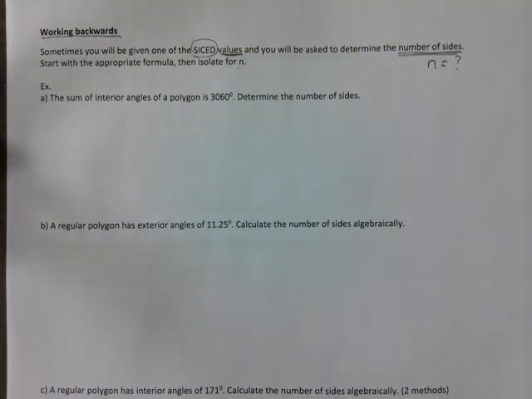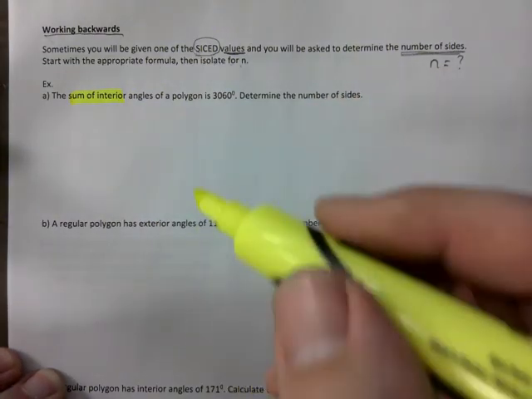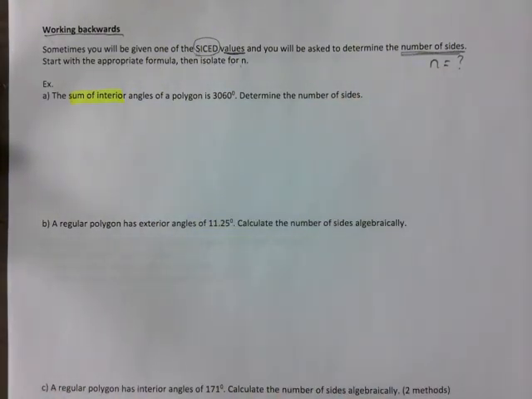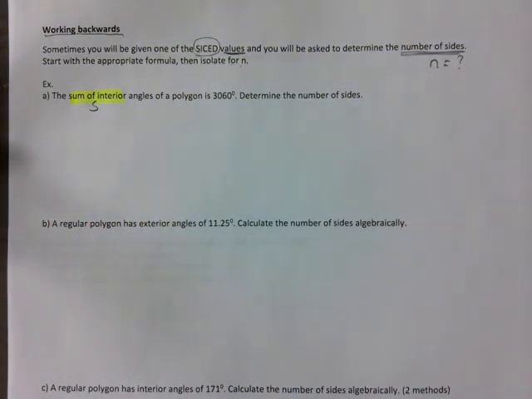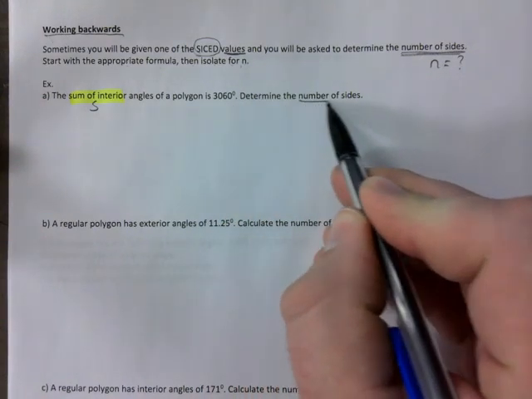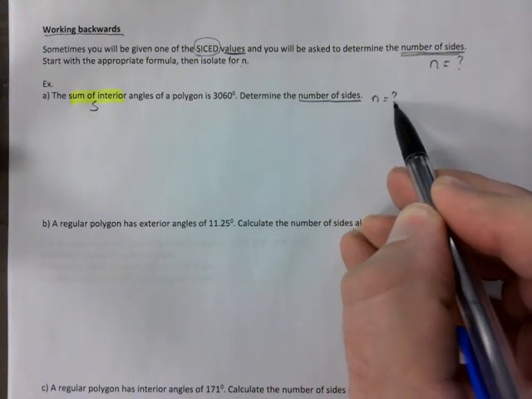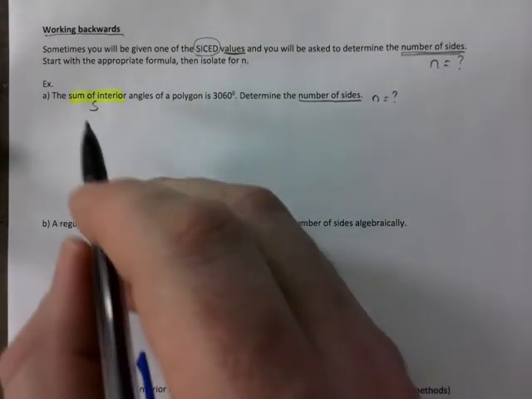So when you are given the sum of interior angles, okay, you should be like, oh yeah, that's S, I know that. S is given, and it's 3060, determine the number of sides, right? They're asking you essentially, what is that? You cannot guess, okay? Don't just guess and check.